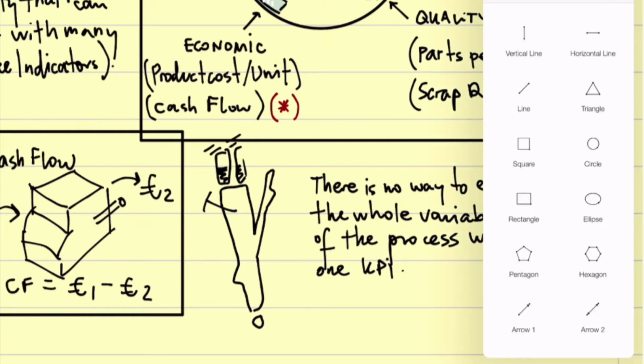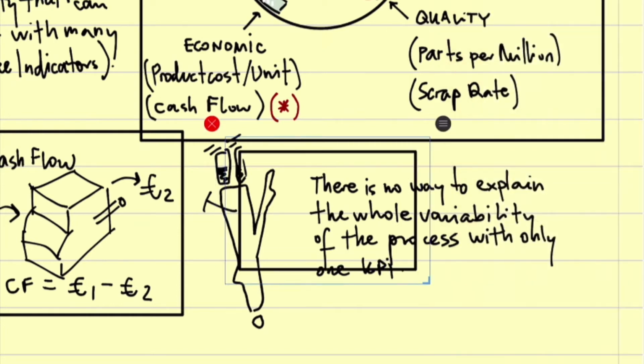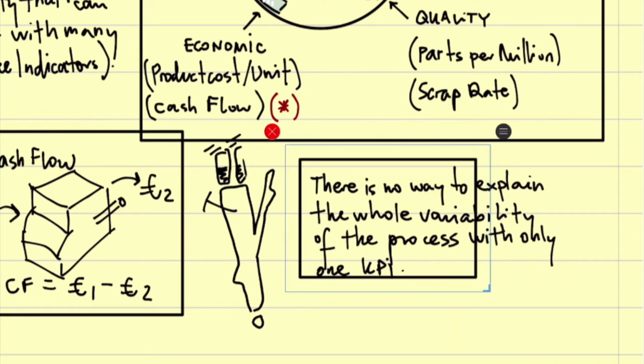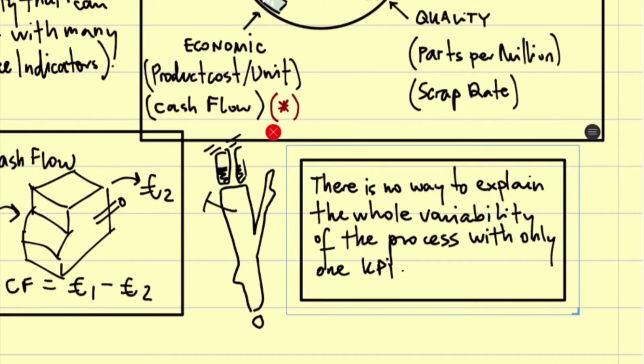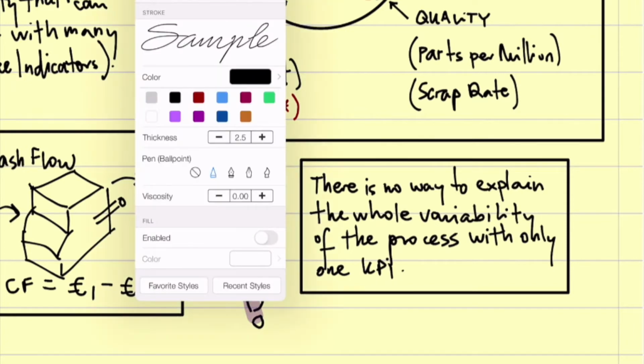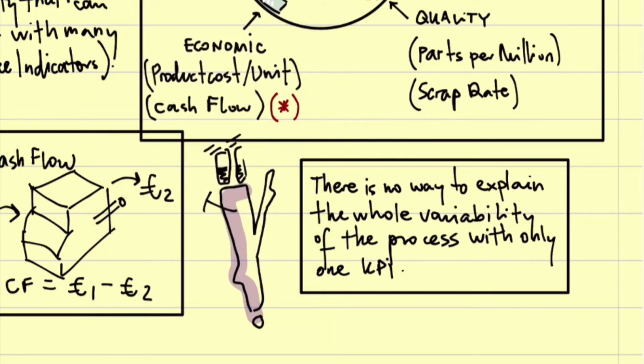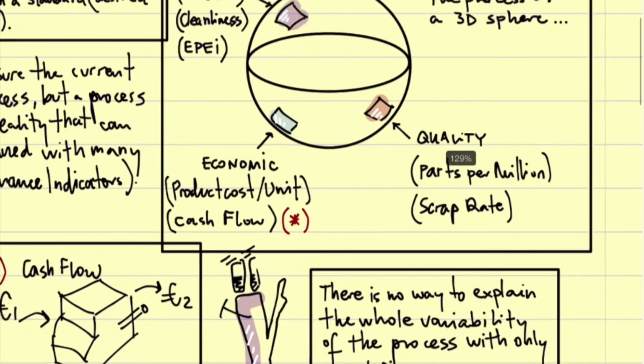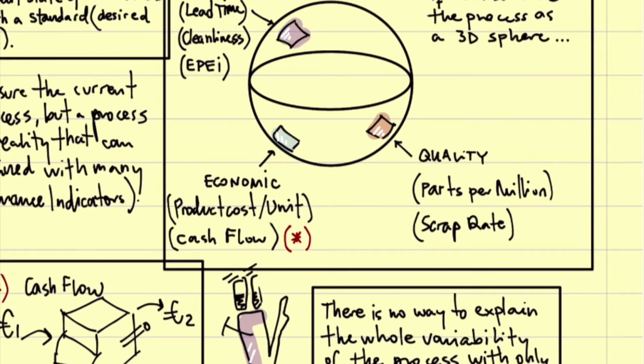Okay, so this is very important. It's impossible to explain the complete variability of a process with only one KPI, and this is a mistake often made by managers. The reason is that processes are complex realities.